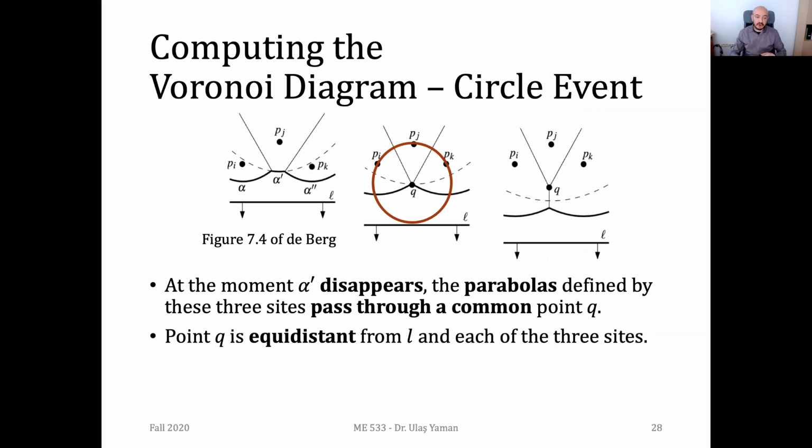The point Q should be equidistant from L and all the other sites, all these 3 sites on the boundary. So if you have such a case, then we can say that it's a circle event and a vertex is generated for the Voronoi diagram. If you look at the initial part, we don't have any vertex on the Voronoi diagram, but once we come up with a circle event, a vertex for the Voronoi diagram is generated.